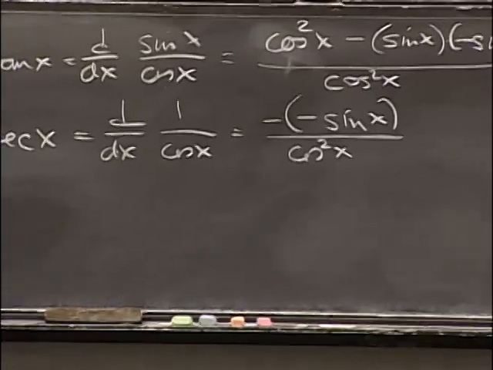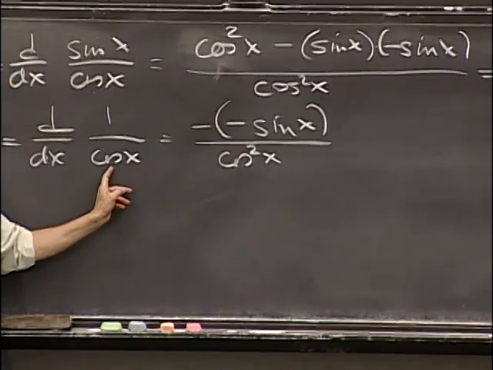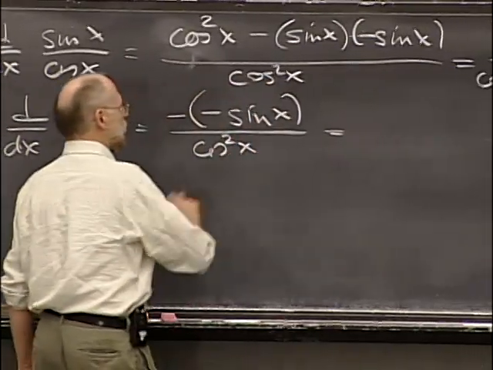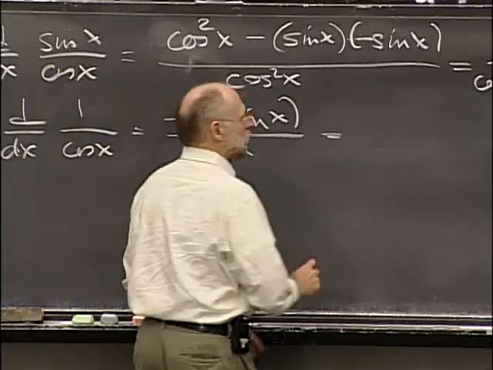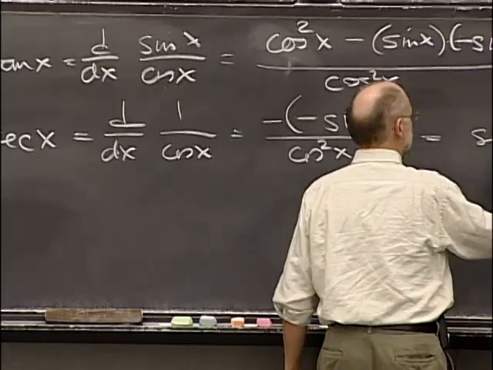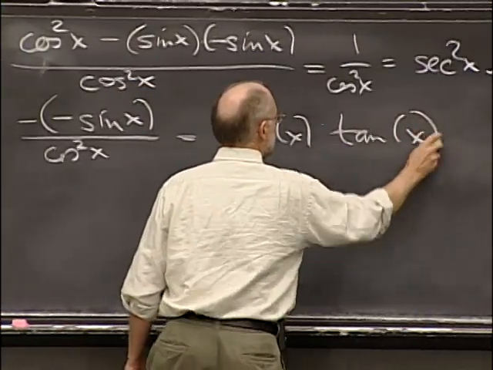So the 1 and minus sign came from the quotient rule, and the other minus came because that's the derivative of the cosine. But they cancel, and so I get sine over cosine squared, which is sine over cosine times 1 over cosine, and so that's the secant, that's 1 over the cosine, times the tangent of x.